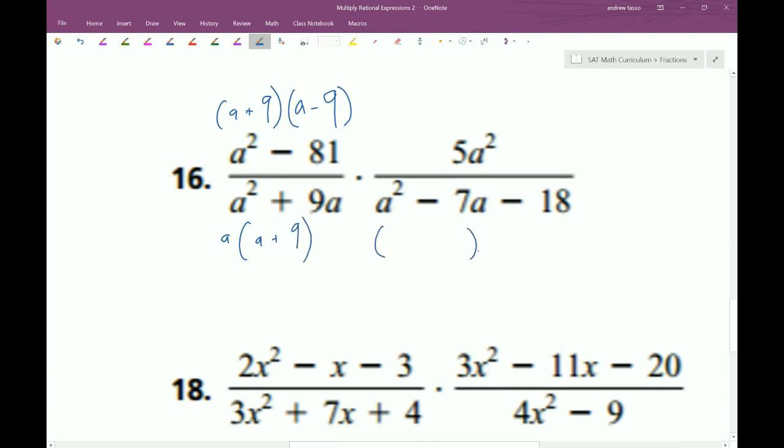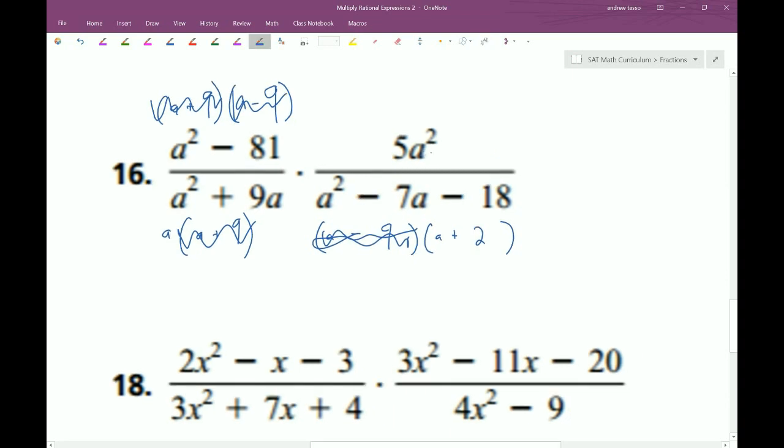And then here we have to use trinomial factoring. So the minus and the plus, 9 and 2, right? Then we can cancel out the a plus 9s. We can cancel out the a minus 9s, right? And we can also cancel out one of these a's, right?